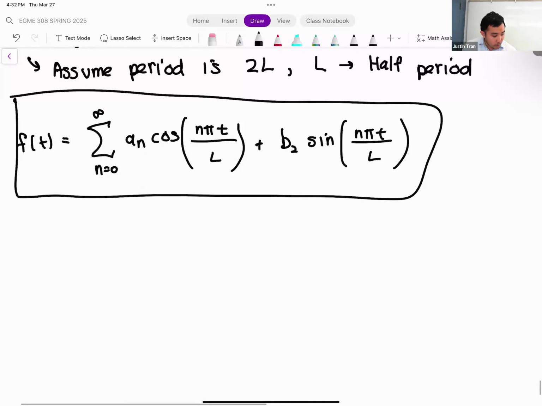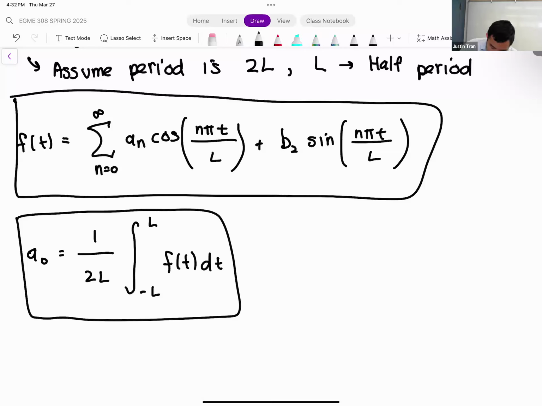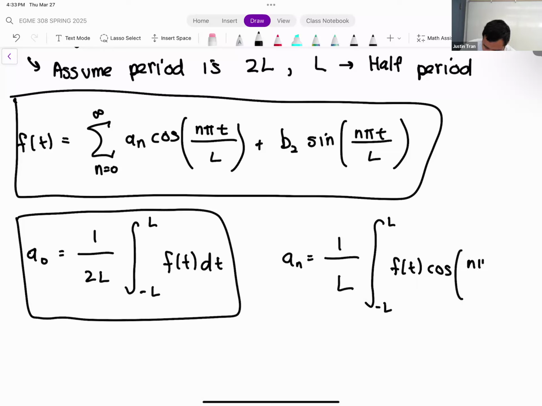Okay. And our coefficients change their values as well. So we have A0. This is 1 over 2L integral from minus L to L of f of t dt. You have an is equal to 1 over L integral from minus L to L of f of t cosine of nπt divided by L dt.